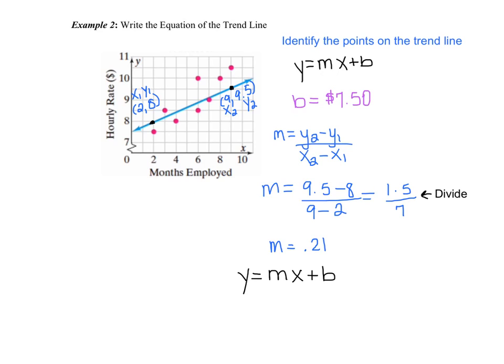So we have y equals my slope we just identified as 0.21 x, and then our b we identified as $7.50, so plus $7.50, and that is your answer.